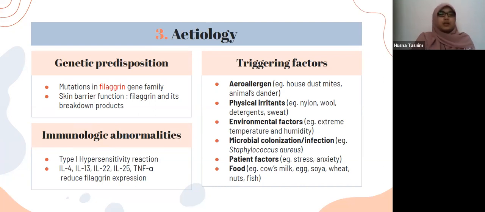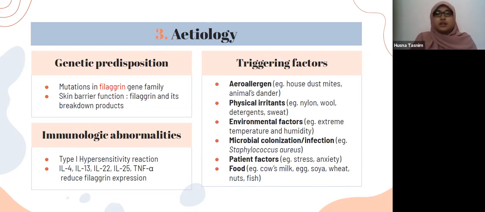Then we have triggering factors. The most common one is irritants, for example, house dust mites and animal dander like cats and dogs. Then physical irritants such as nylon, wool, detergents, and even sweating.